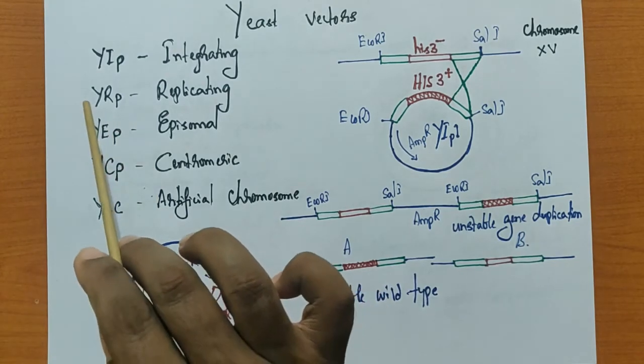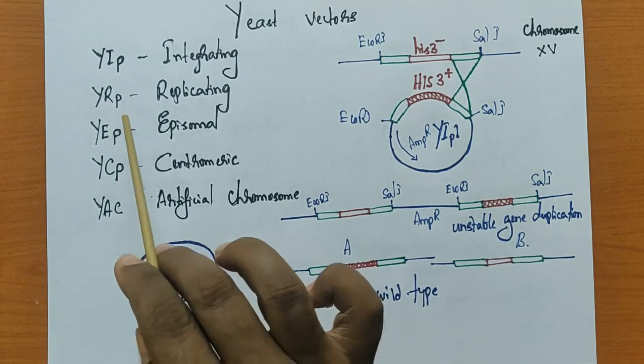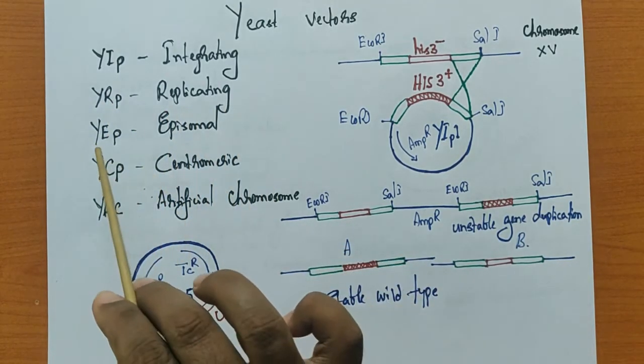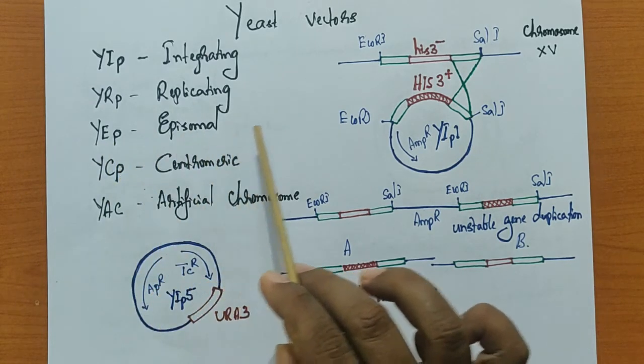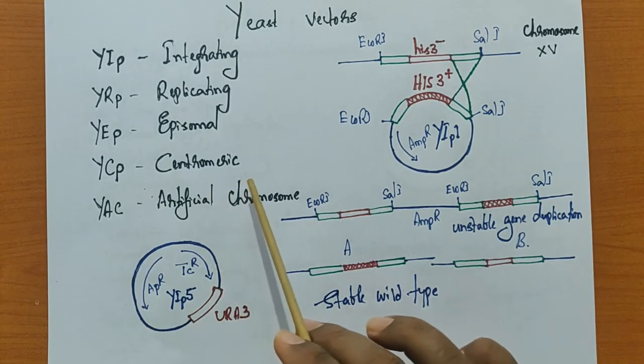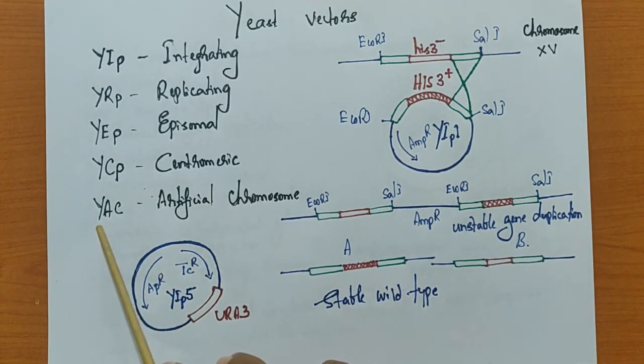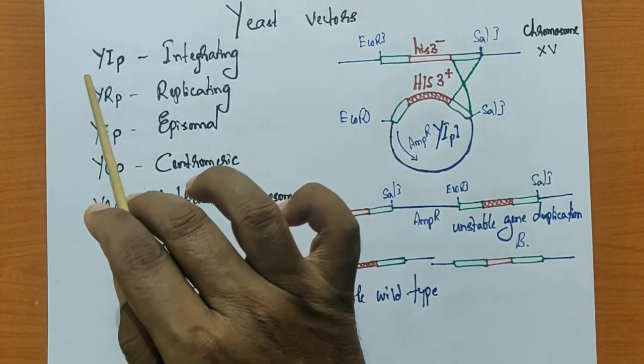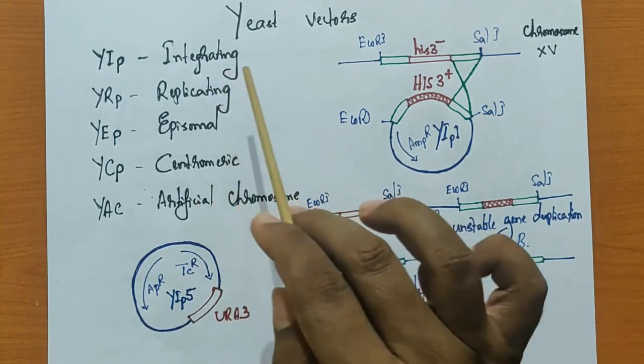Another one is the yeast replicating plasmid vector, yeast episomal plasmid vector, yeast centromeric plasmid vector. Another one is the yeast artificial chromosome. Now I am going to explain what is meant by an integrating vector.